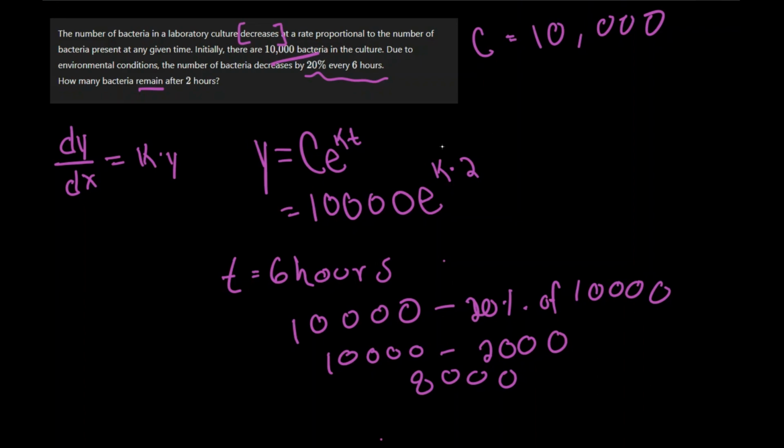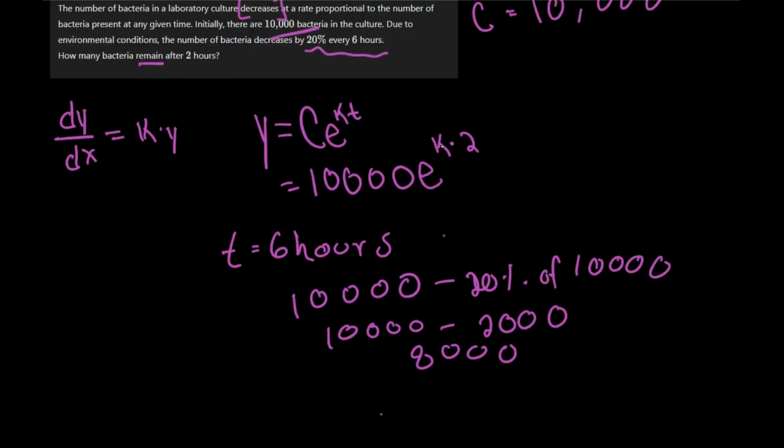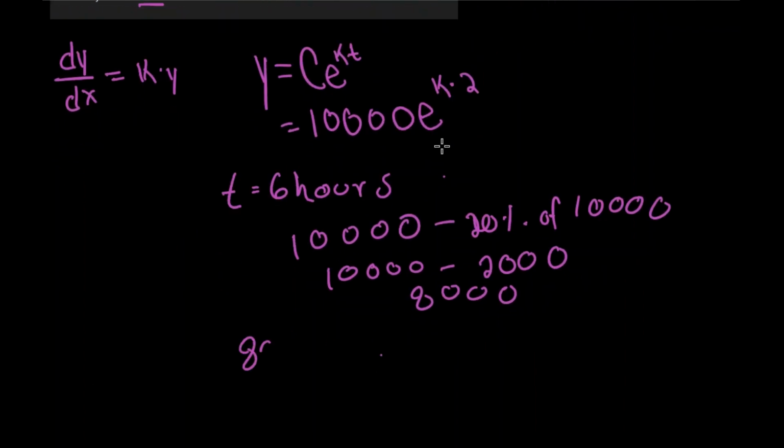So now that we know that, we can set up our equation: 8,000 is equal to 10,000 e to the k, and there's 8,000 remaining at 6 hours, so it's k times 6.